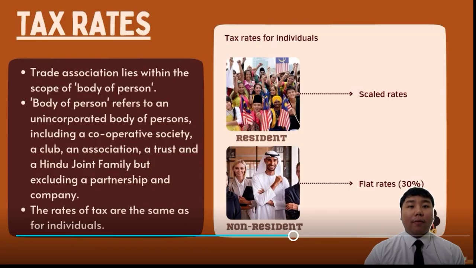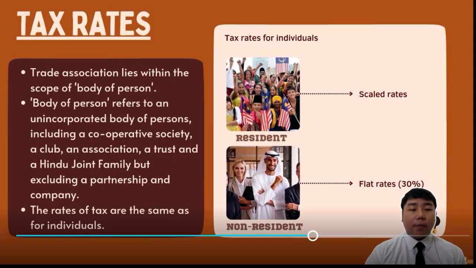Right now, I am going to talk about tax rates. Trade association lies within the scope of body of persons. Body of persons refers to an unincorporated body of persons, including a cooperative society, a club, an association, a trust, and a Hindu joint family, but excluding partnership and company.